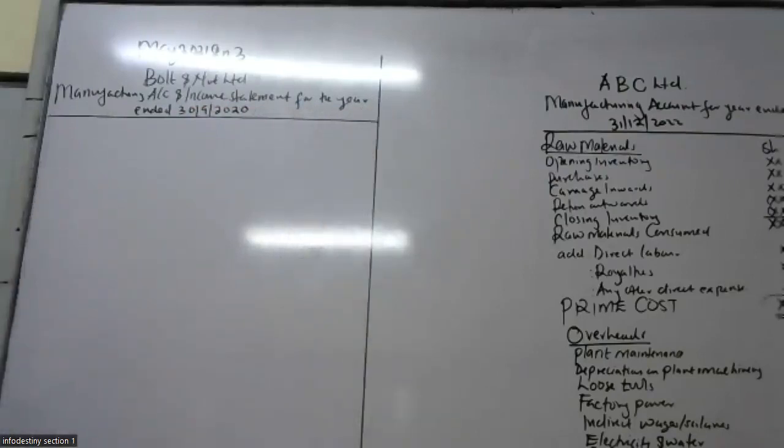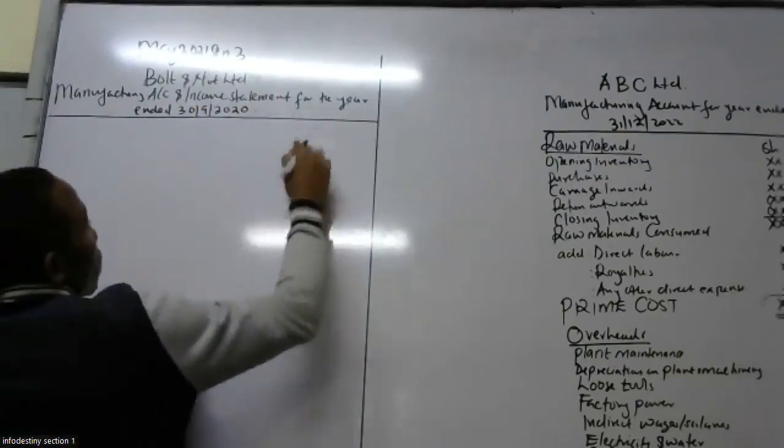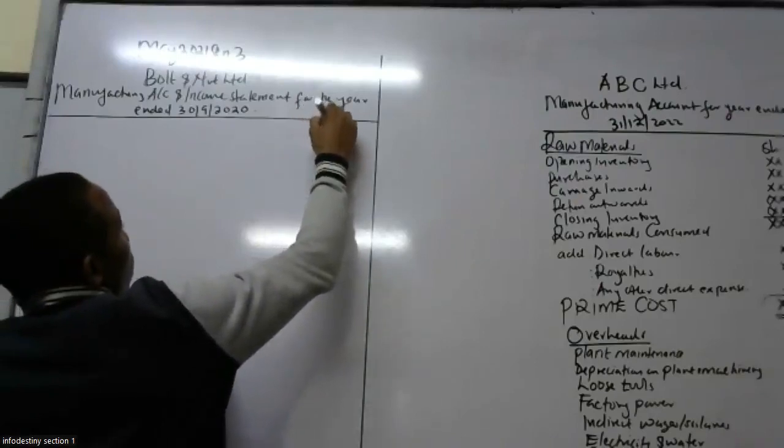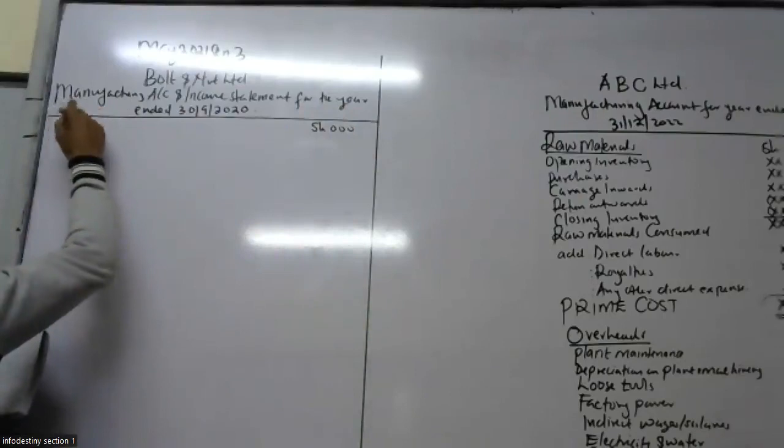These figures are in thousands. We start with the raw materials.